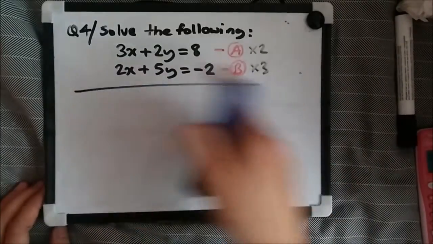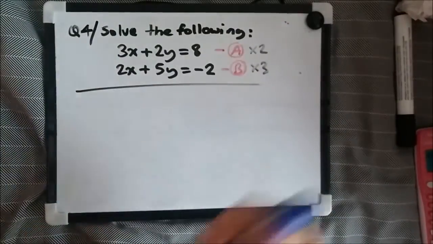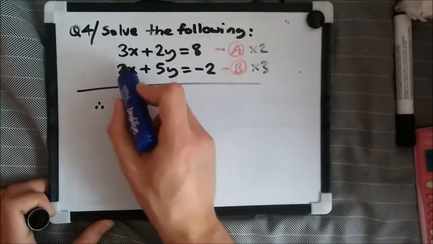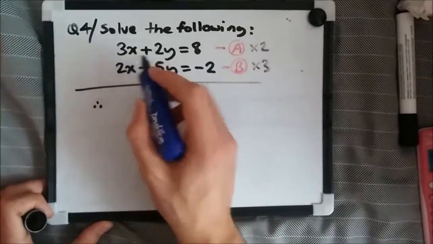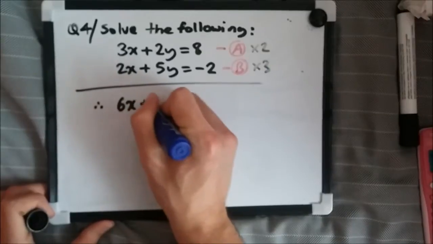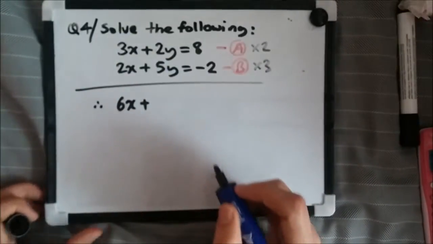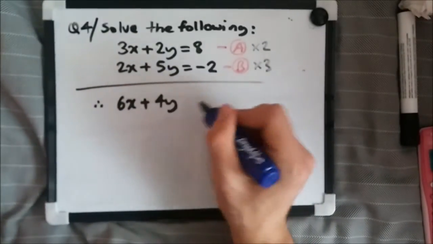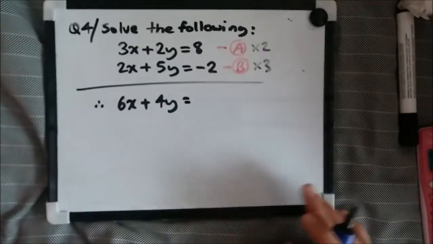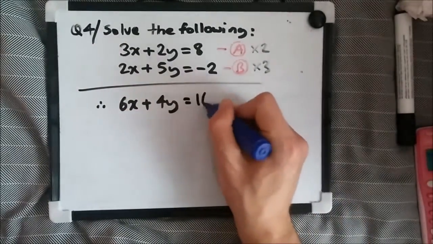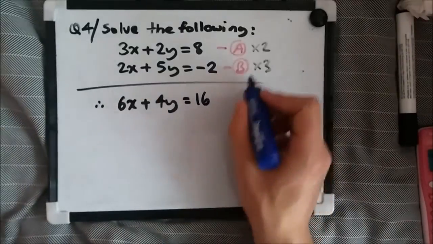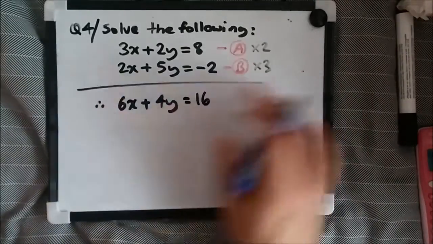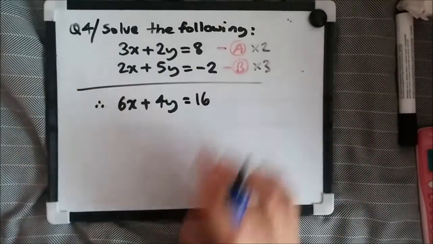So for equation A, multiplying the whole equation by 2, 3x times 2 is 6x, 2y times 2 is 4y, 8 times 2 here is 16, and that's it. That's equation A done. Now for equation B, multiplied again by 3.